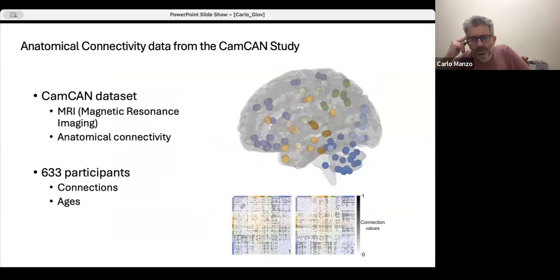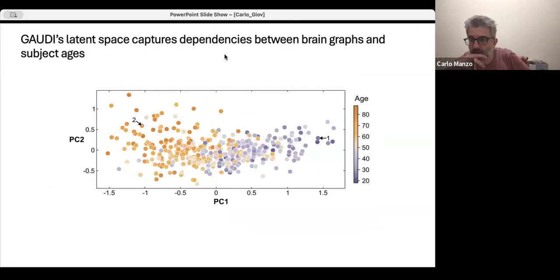What we see in this case is that the architecture is learning information about the age of the patient, because in a similar representation to the one we saw before, it's structuring the elder patients from the young ones in different clusters, in different regions of the space. So it's capturing dependencies in the brain graph that can be associated with the ages of the patients.